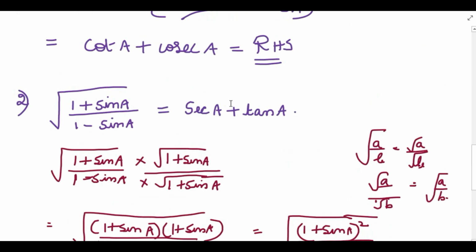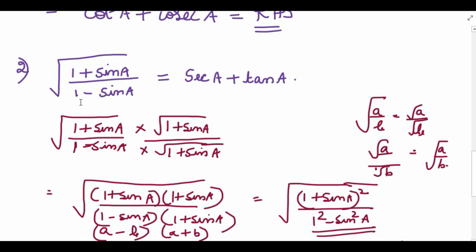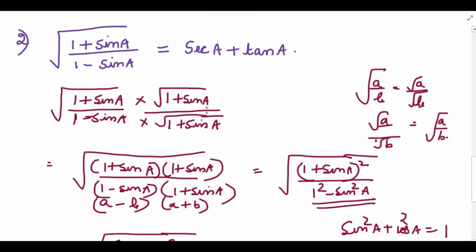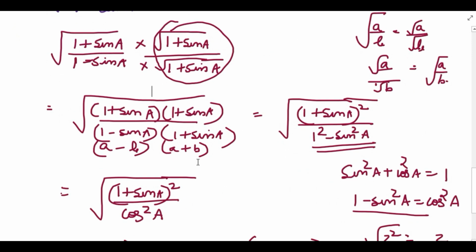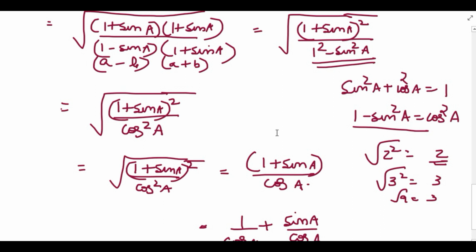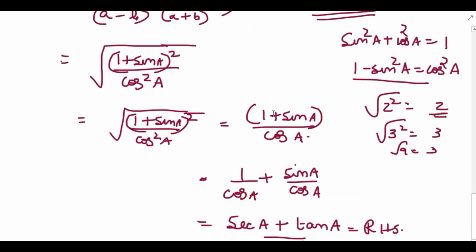So here the question was 1 plus sin A divided by square root of 1 minus sin A. So we just multiplied the numerator and denominator with the square root of 1 plus sin A. Then we used the identity a minus b into a plus b. Then we used the trigonometric identity 1 minus sin square A equal to cos square A. Simplified it. The last step, 1 by cos A we have written separately, plus sin A by cos A. Sin A by cos A is tan A, and 1 by cos A is sec A.